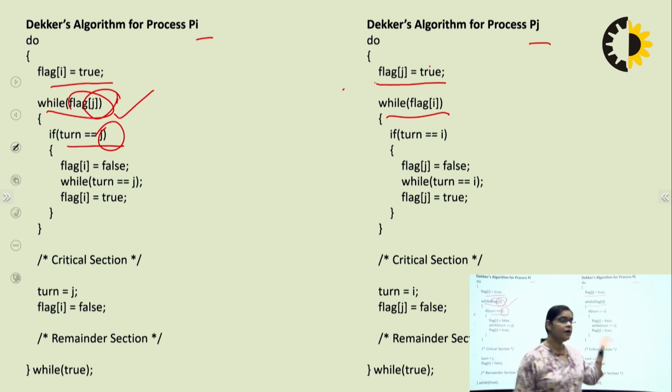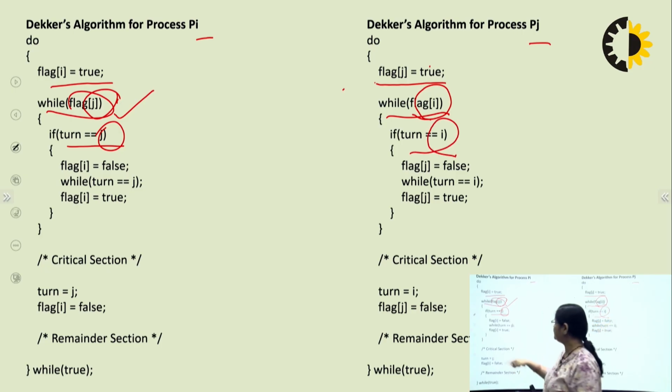Now here you again understand. Flag of i has been given, even though flag of j has said that it wants to enter, but it has given the permission to the other process. If the other process is entering, then whose turn is that? Turn is process Pi, right?